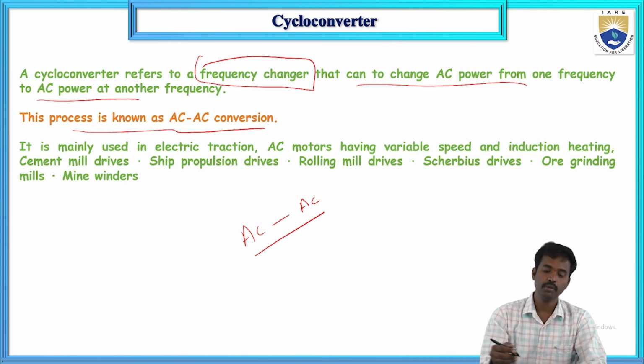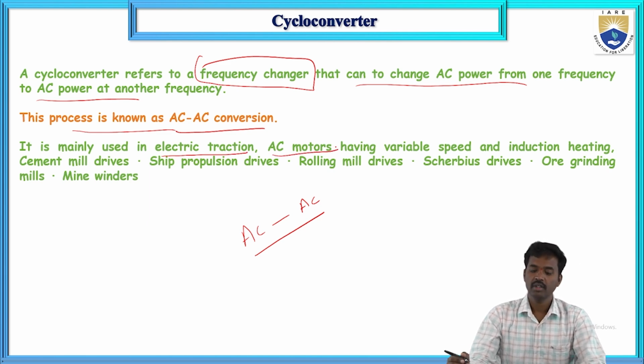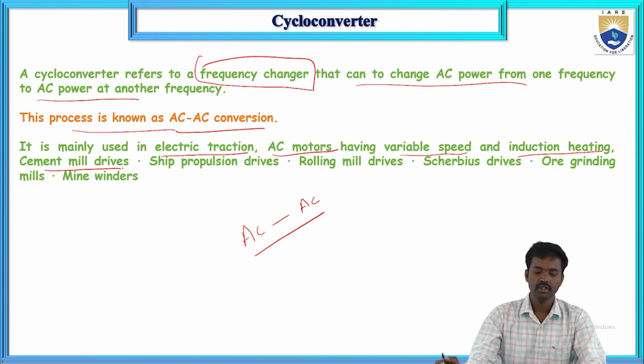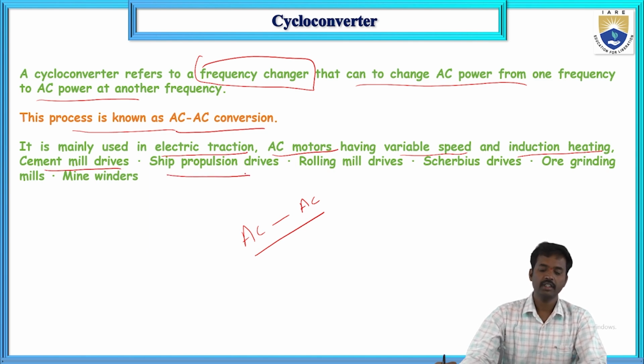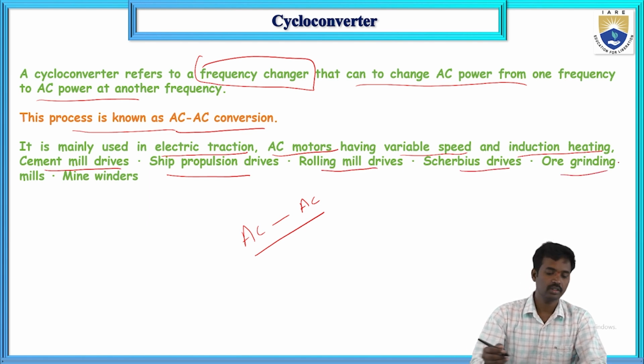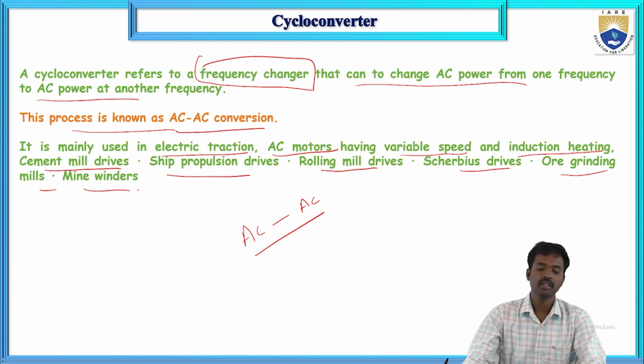They are mainly used in electric traction, variable speed AC motors, induction heating, cement mill drives, ship propulsion drives, rolling mills, airbus drives, grinding mills and mine winders.